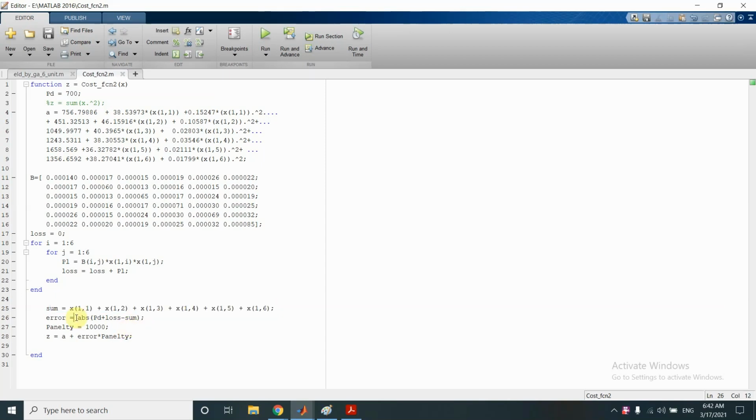This sum variable stores the total generation of all the six generating units. Loss contains total loss and PD contains the power demand. This is power demand.